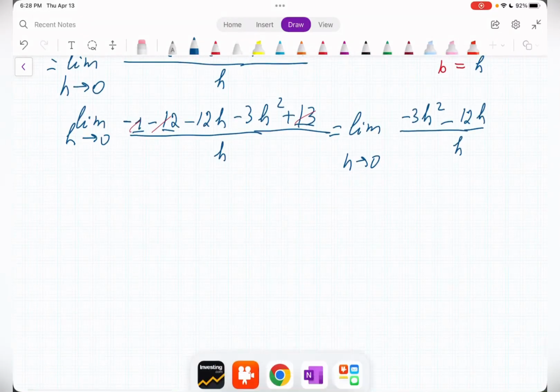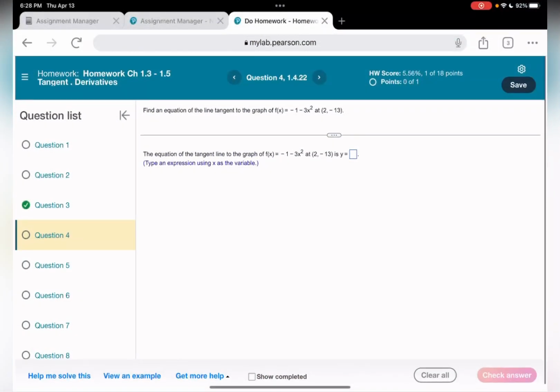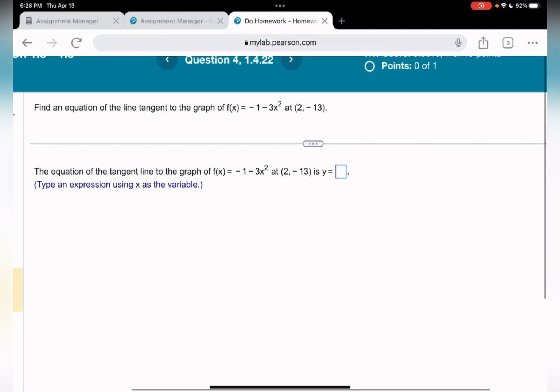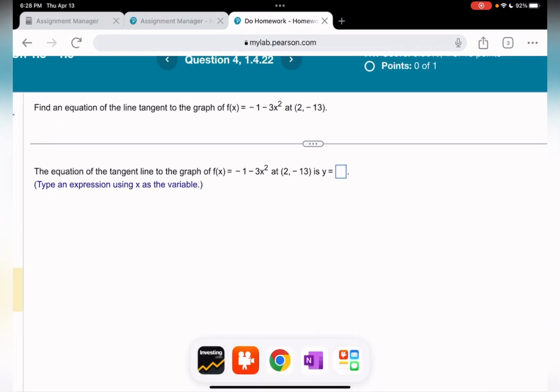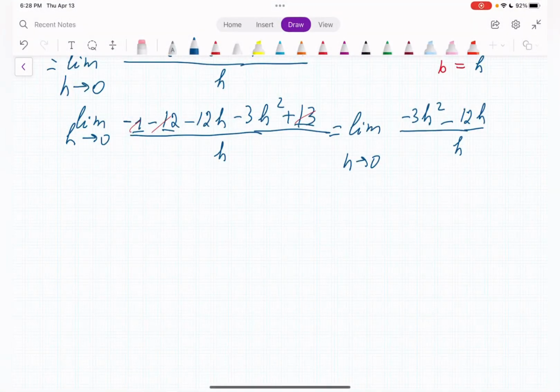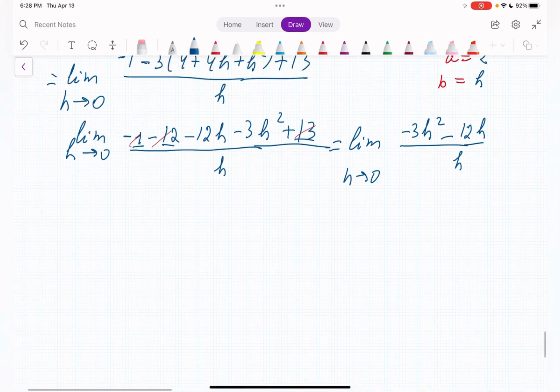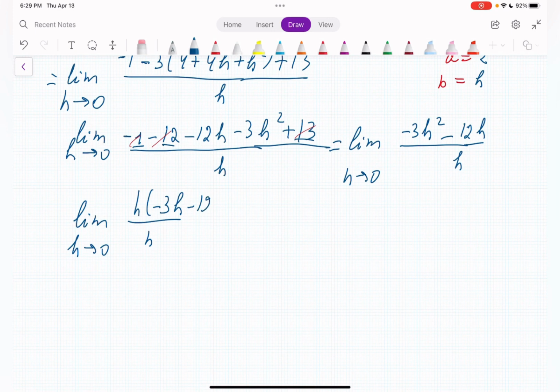Let me move over here so it won't run out of space, otherwise all this calculation will drain in the water. So, okay, we get the limit as H approaches 0, and we have H here, taking H out, negative 3H minus 12.